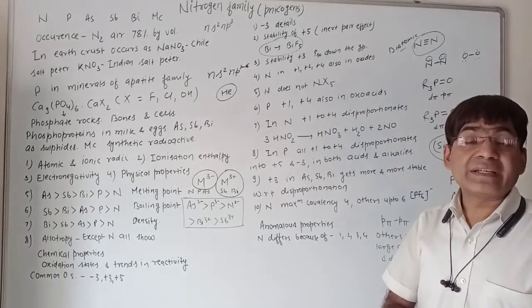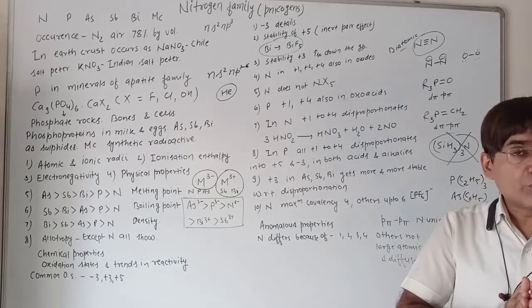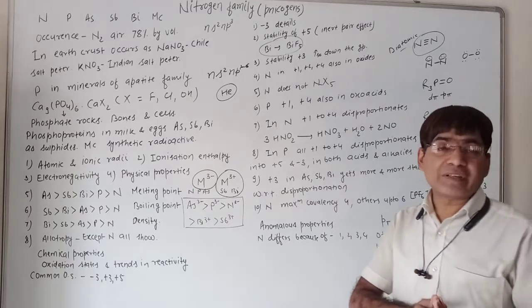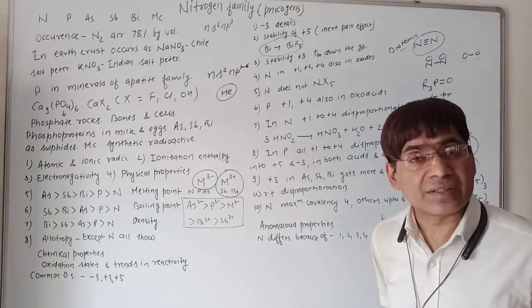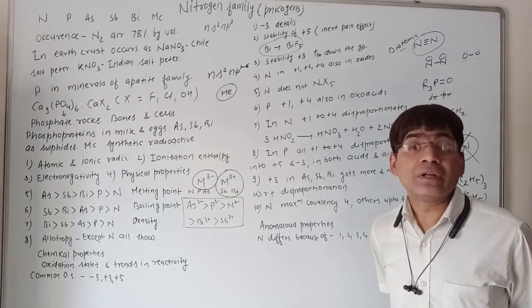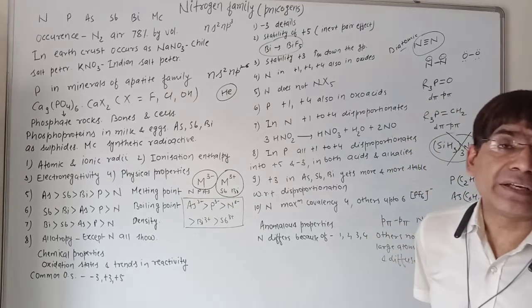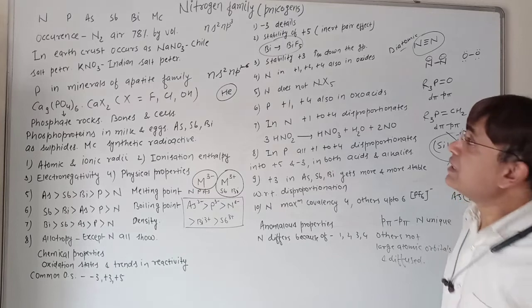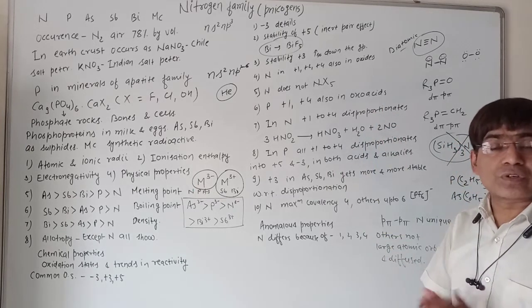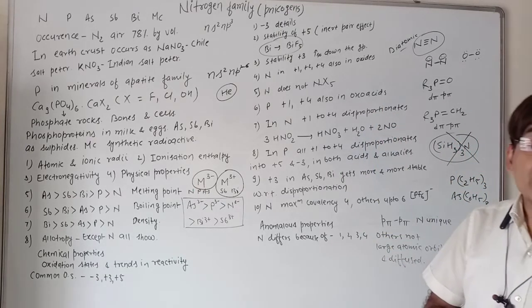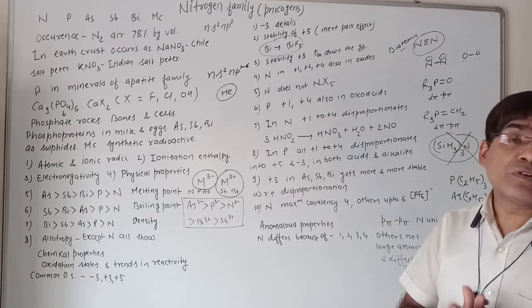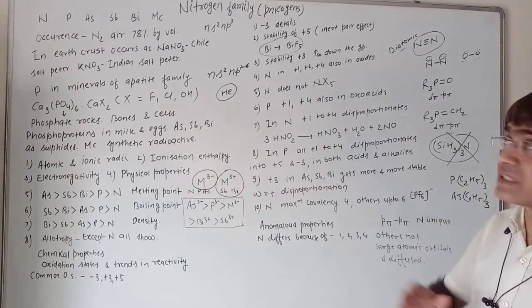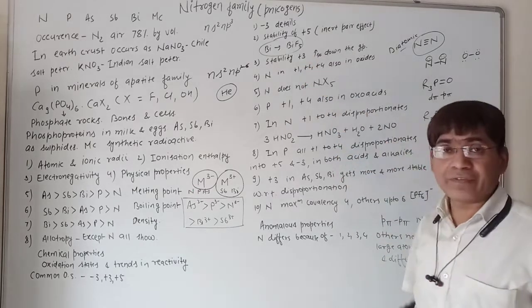Clear? As we are moving down a group, the stability of +5 oxidation state is decreasing, and this is due to the inert pair effect. Fine. So bismuth rarely shows the +5 oxidation state. The only stable compound of bismuth in +5 oxidation state is BiF5.